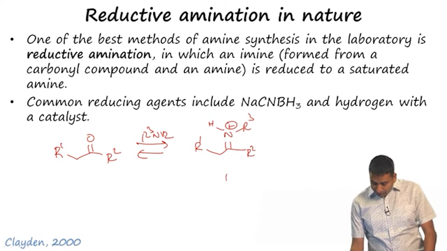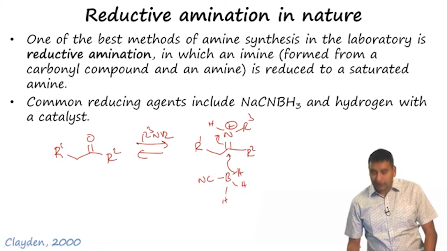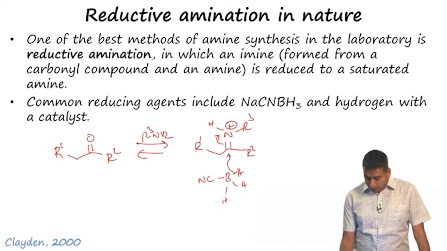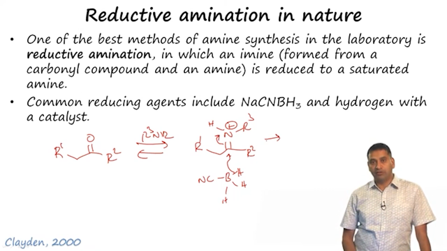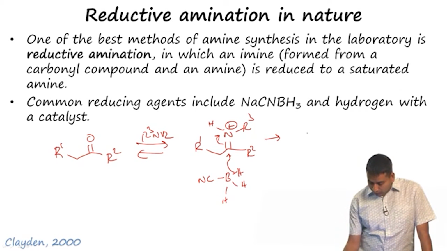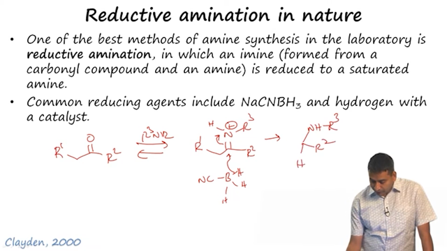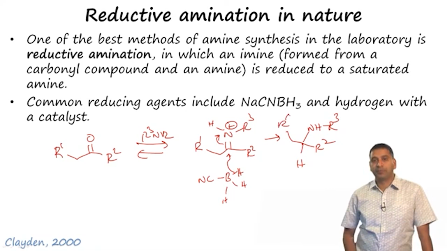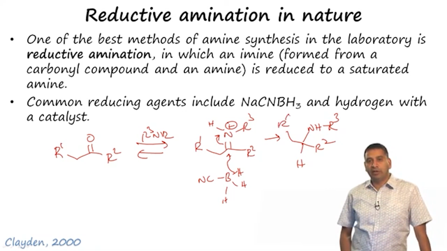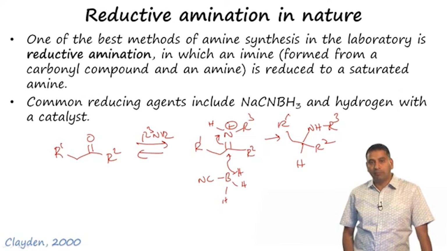Now, when we have sodium cyanoborohydride, you can think of this hydride transfer, using the positively charged nitrogen as the electron sink, and you end up with NH R3, R2, H and R1. Okay.